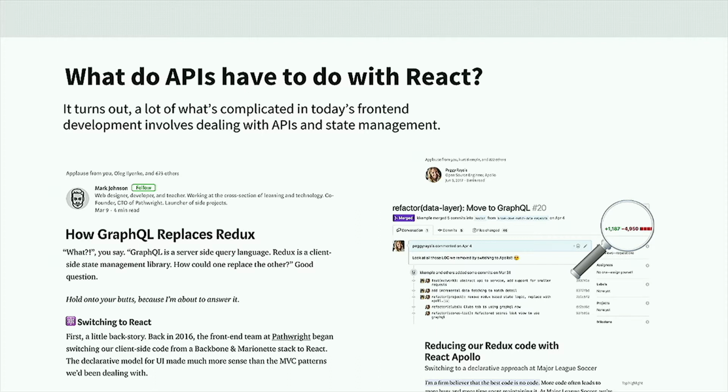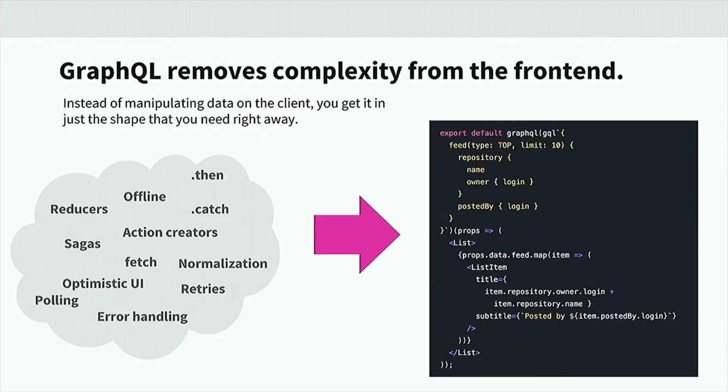And so you end up with these funny articles. People really took issue with this title on Twitter, which I love, which is how GraphQL can replace Redux. And the question is, how can an API specification replace a library? Well, it turns out that's not too far from the truth. Because right now, in the front end, you have to deal with all this complexity. You've got to manipulate data. You've got to deal with offline support, normalization, retrying, polling, optimistic UI, reducers, action creators, sagas.